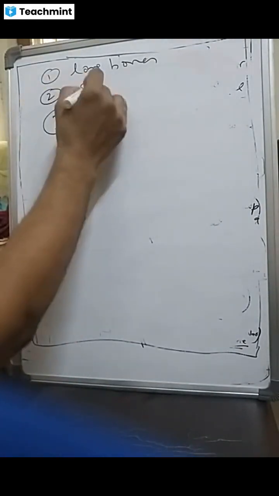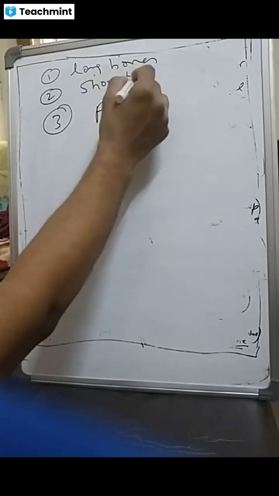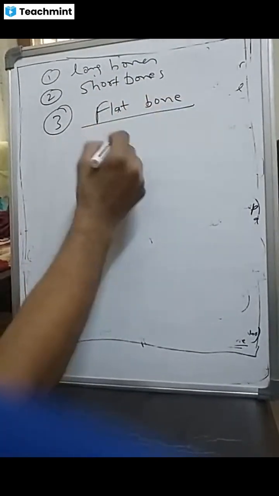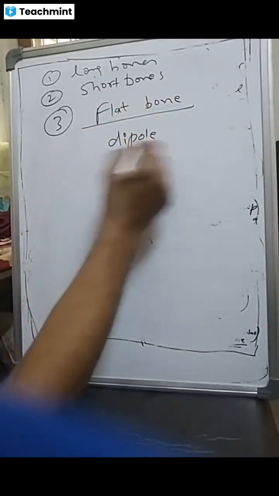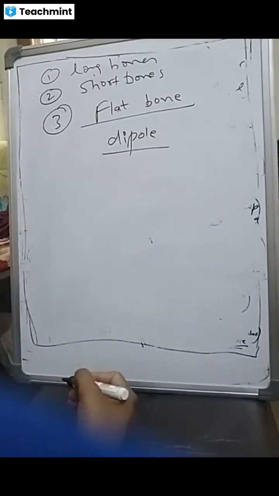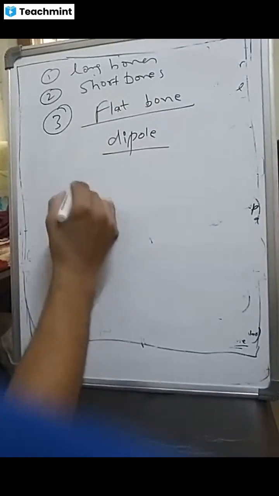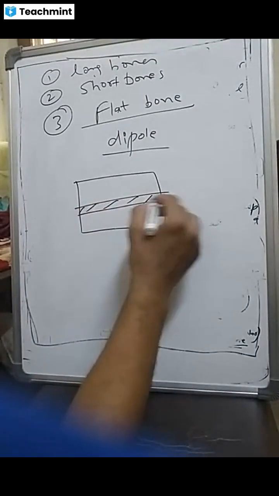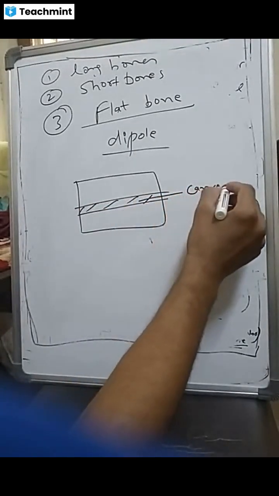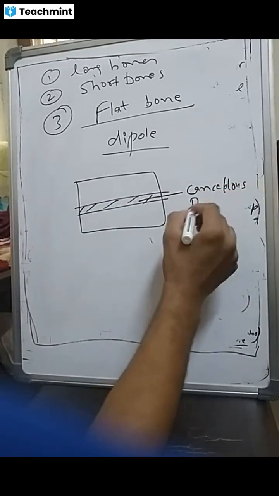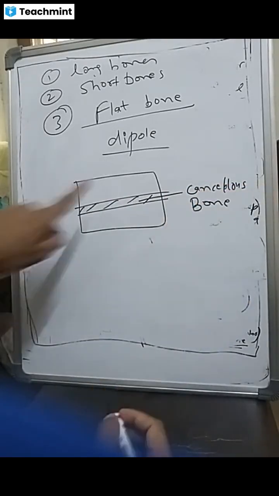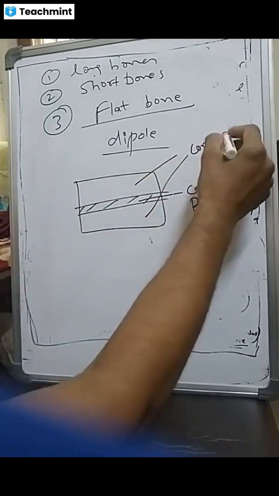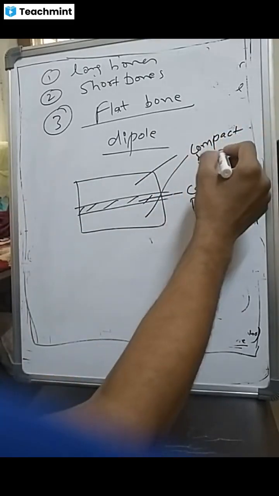Number two was short bones, and number three is the flat bone. For flat bones, there is one term called diploe. Diploe means these bones have two layers: centrally they have cancellous tissue, and on the outer side they are surrounded by compact bone.